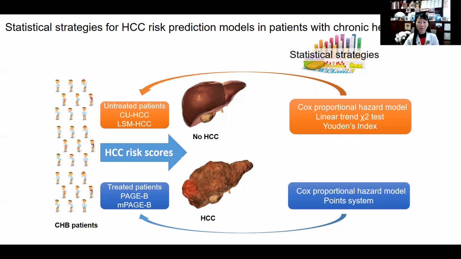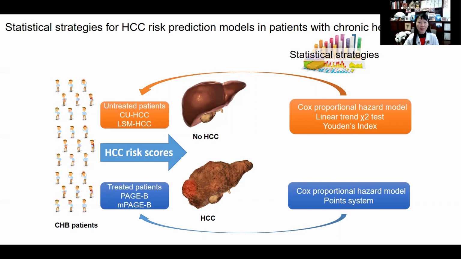We can grossly divide these risk scores into two types. One is mainly derived and validated for untreated patients, and the other type is specially derived for treated patients. In fact, there have been various statistical tests or strategies involved in the derivation process of these risk scores.